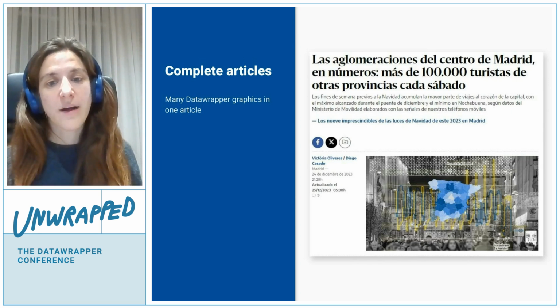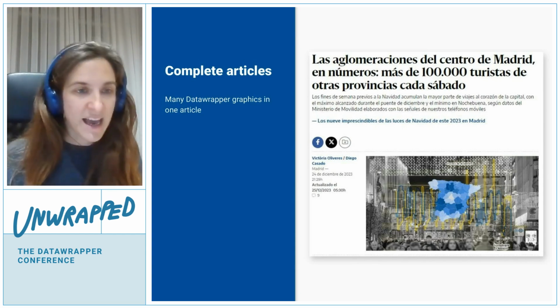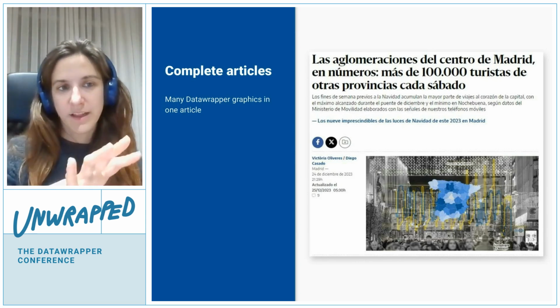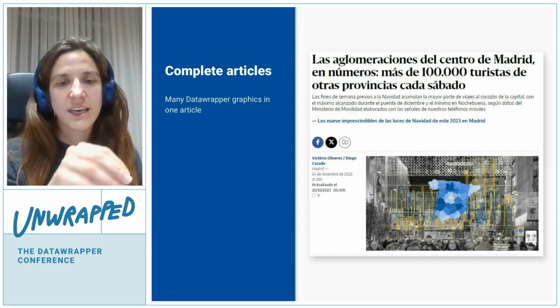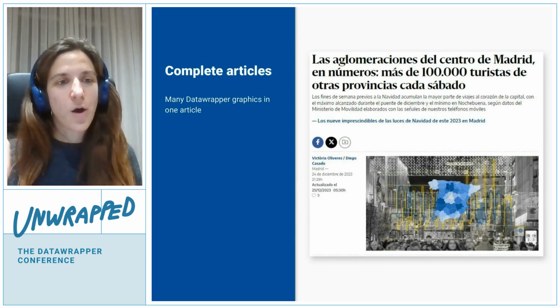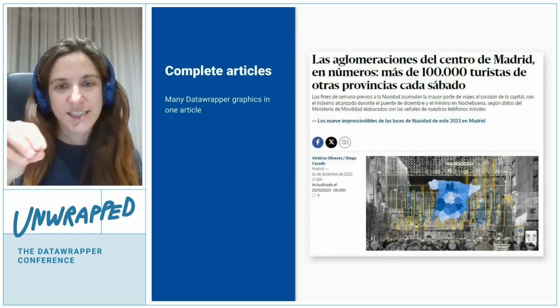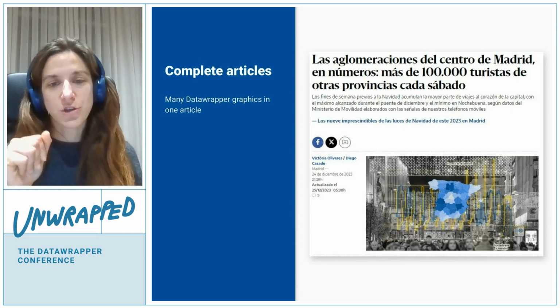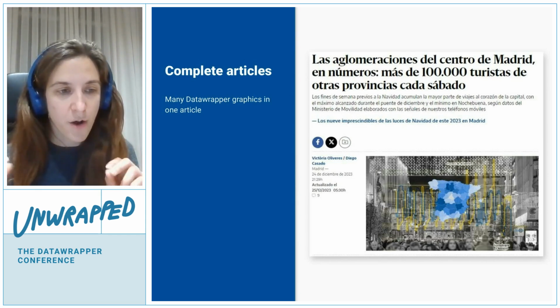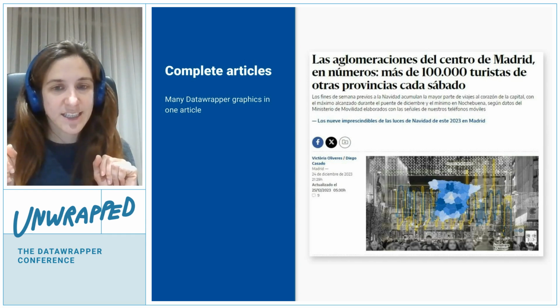So we used Datawrapper first to show line charts about the evolution in a usual work day of the people in central Madrid, and how it changed during the Christmas days. Also, a map of where the people were coming from to visit the city center.